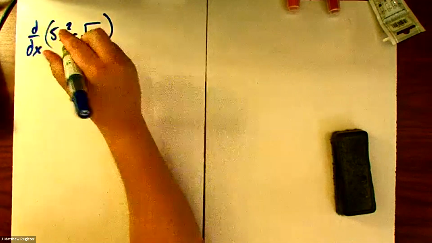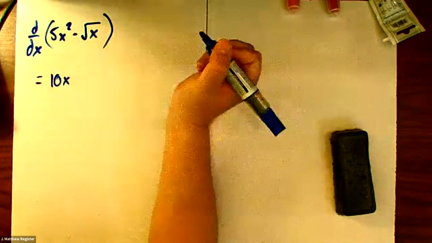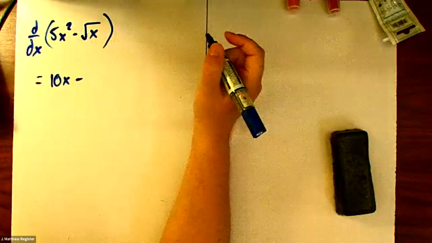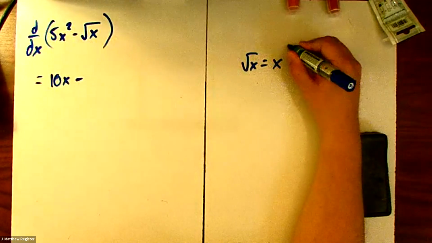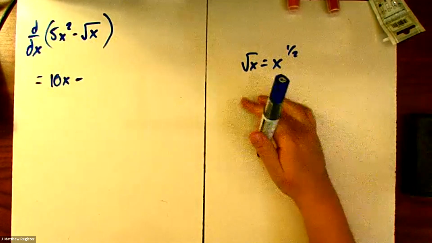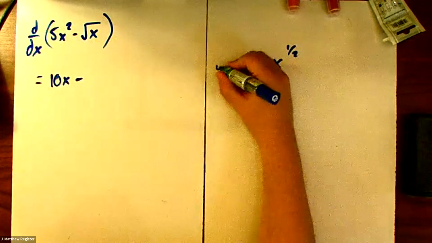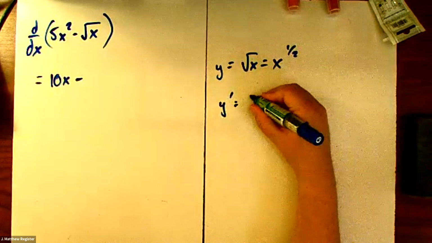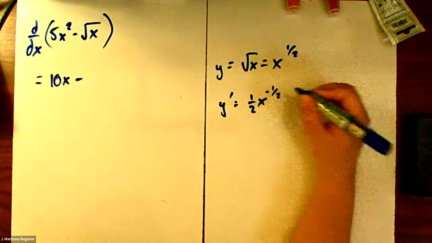Looking at this, the derivative of 5x squared is 10x, or 10x to the first. The derivative of the square root of x, well, remember that square root of x is x to the 1/2. And so you would bring the 1/2 down and then subtract 1. Let's say y is equal to this, then y prime would be equal to 1/2 x to the negative 1/2.